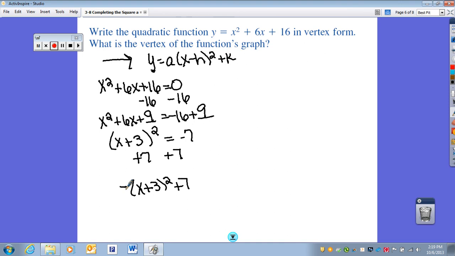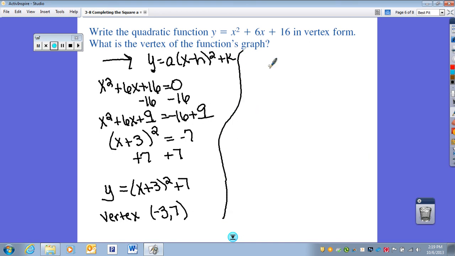Now we just replace the 0 with the y, and we have our quadratic function in vertex form. And it asks us what the vertex is, and the vertex is going to be at negative 3, positive 7. So that's one way that we can write our quadratic function in vertex form.